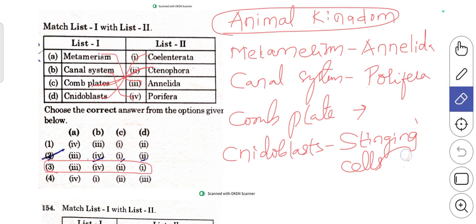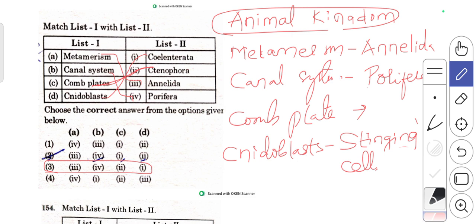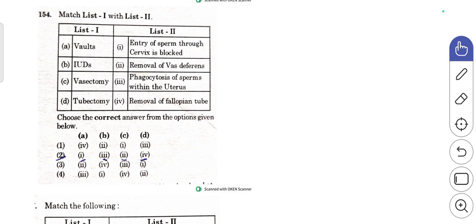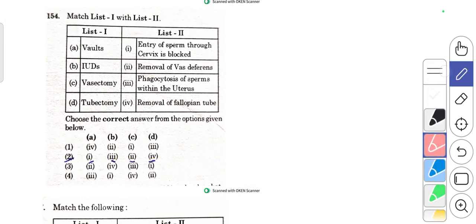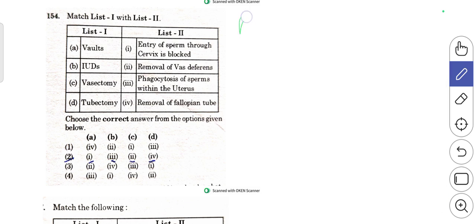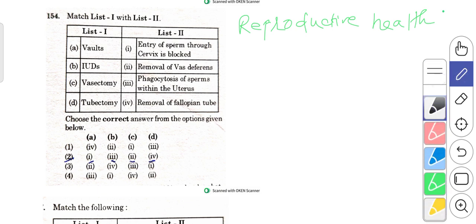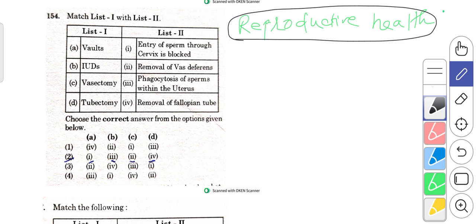So we'll discuss the next question. Next question is regarding the chapter Reproductive Health.